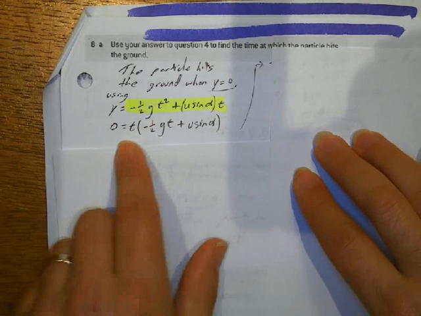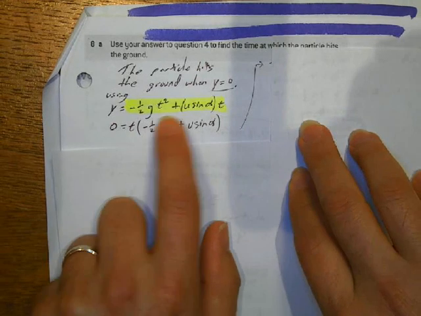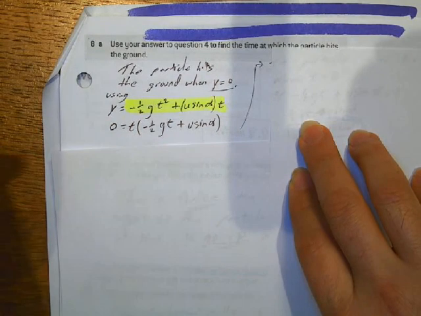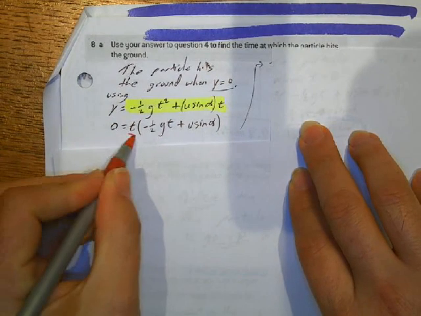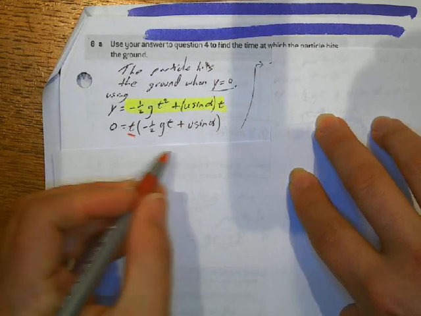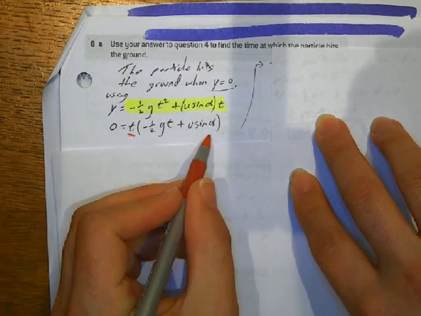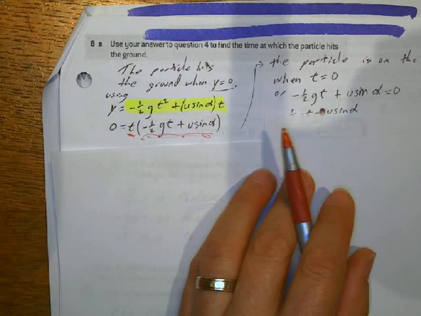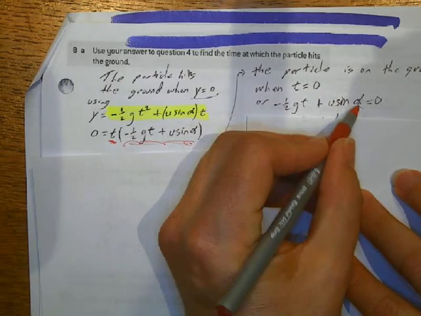Okay, so if I've made this equal to 0, both terms have a t. I can factor the t out, and so this is going to be equal to 0 when t equals 0, and it's going to be equal to 0 when this here is equal to 0. So this here is what I'm going to focus on.